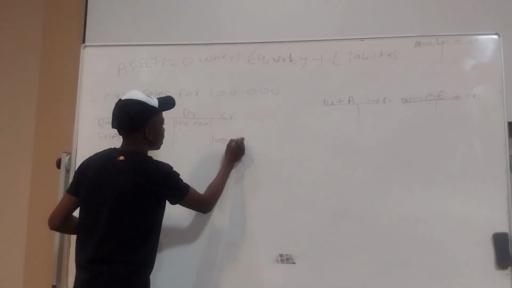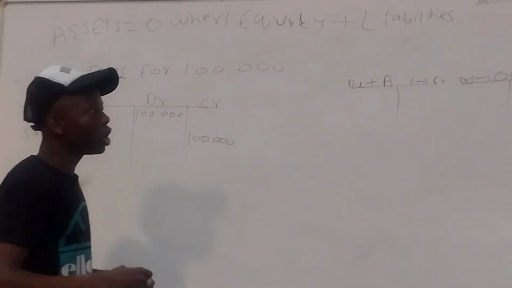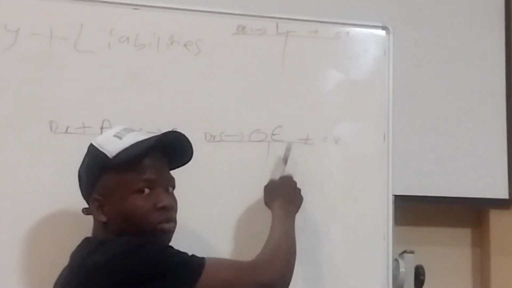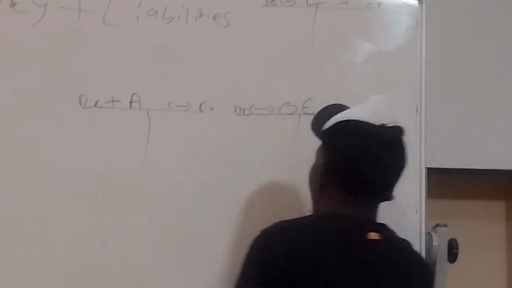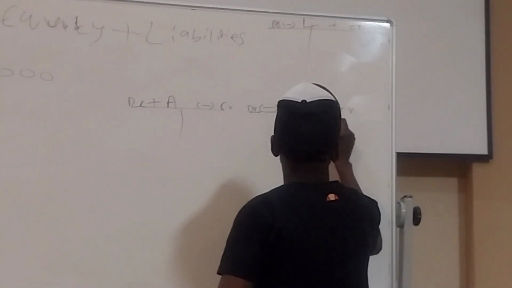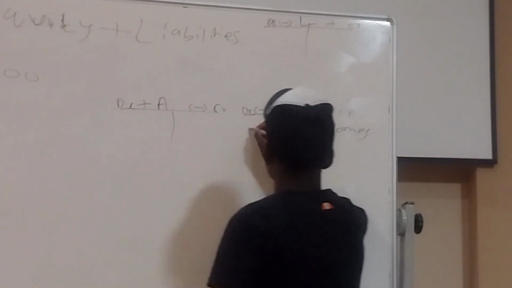And let's not forget, sales is an income account. All incomes increase on the credit side of the owner's equity, and expenses are going to come here. Because here we have incomes, here we have expenses.